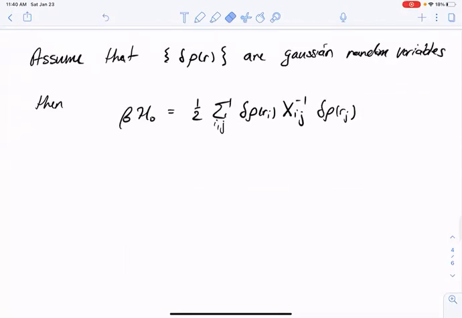Provided this is a good model for the fluid, we can ask questions like, how does a fluid respond to the application of a field that changes its density?